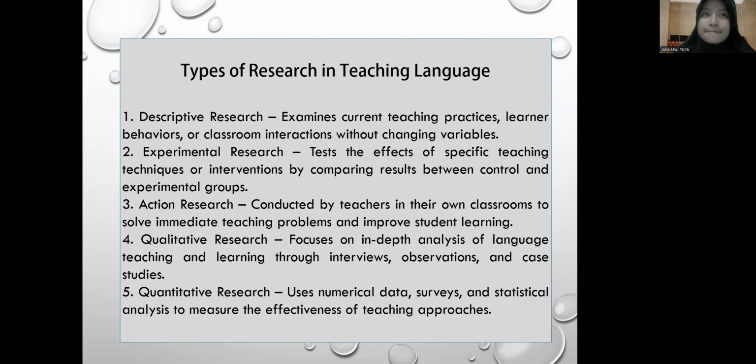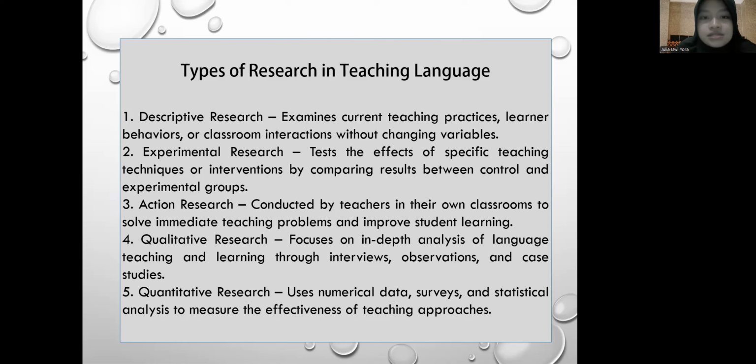Maybe we can add additional information, because there are several types besides qualitative and quantitative research that are really commonly used in language teaching. The first one is descriptive research.